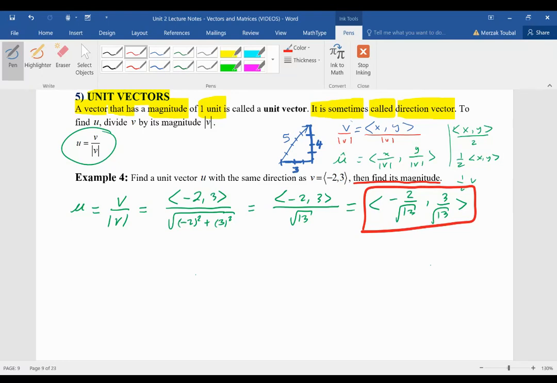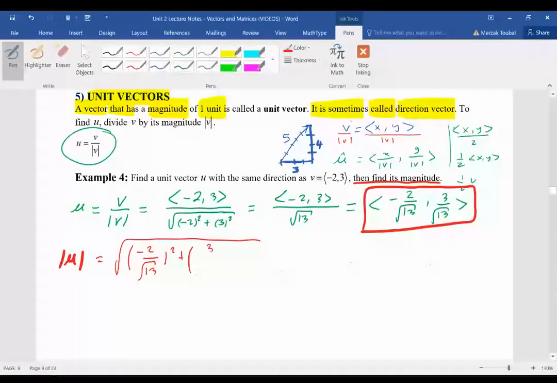So that means when we find the magnitude of the unit vector, we need to end up with a 1. So the magnitude of vector u is the square root of -2 over root 13 squared plus 3 over root 13 squared.